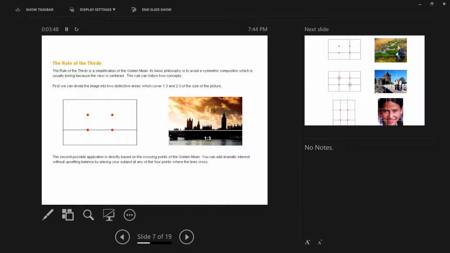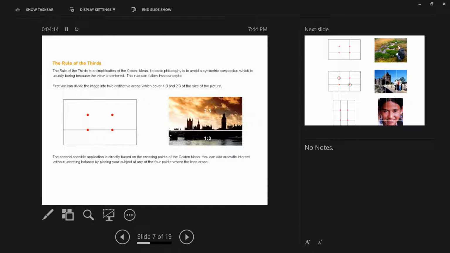Your picture is going to look pretty cool if you have the general building height at 1/3 and then you have 2/3 sky. Contrasting, if you just put the buildings right in the middle of the picture, it's not going to look quite as good as this. So this is how you use the third lines, the rule of thirds, to make your images look a little better.